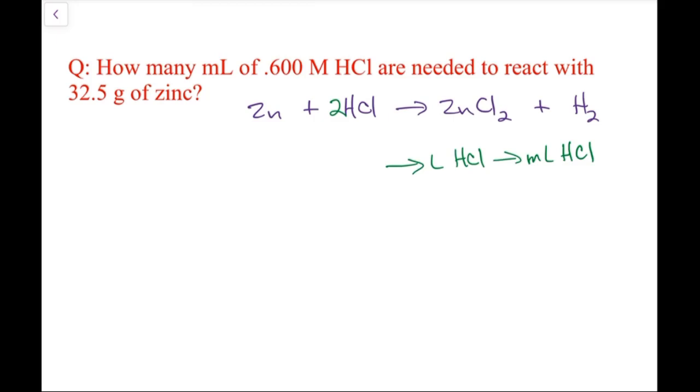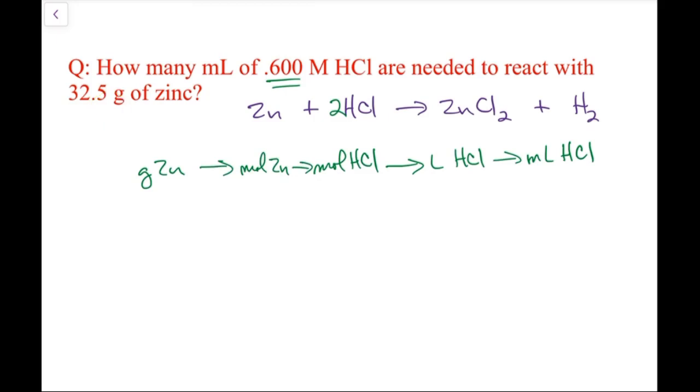Well, based on what we've just been talking about, if I know the molarity is 0.600 moles per liter, I should be able to convert from moles of HCl to liters. And this problem is a little bit different because it's starting me with grams of zinc, which I would then convert to moles of zinc before going to moles of HCl.